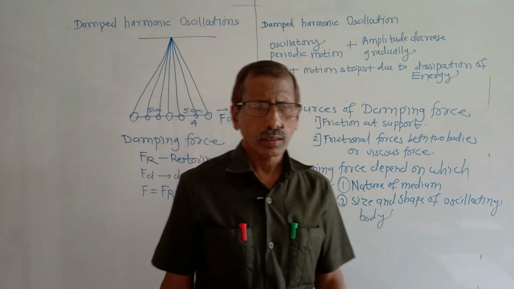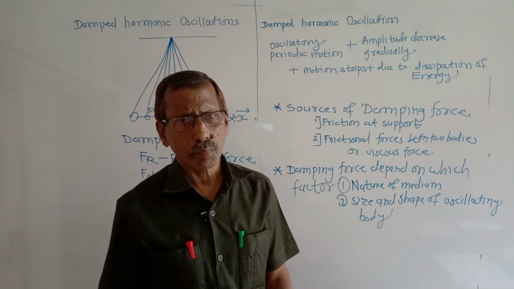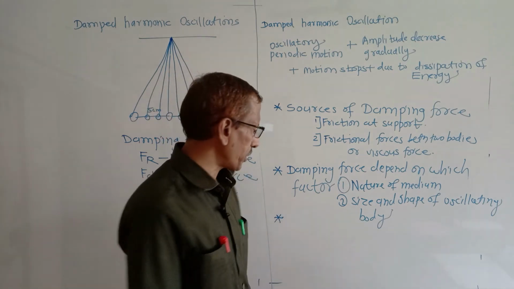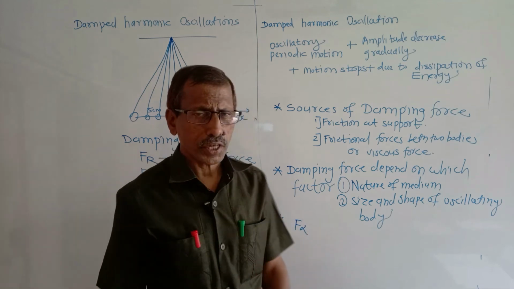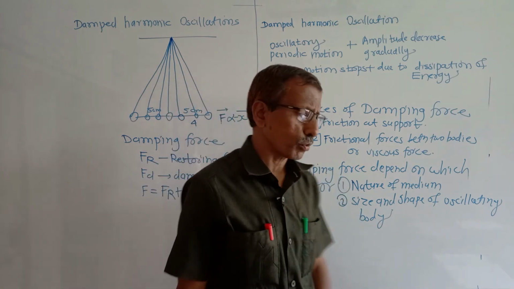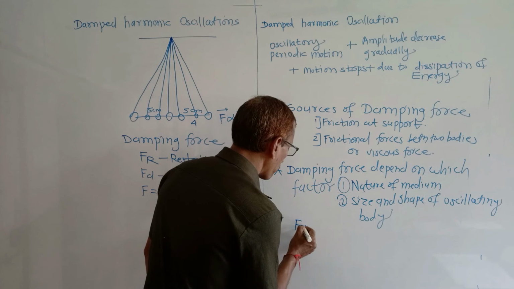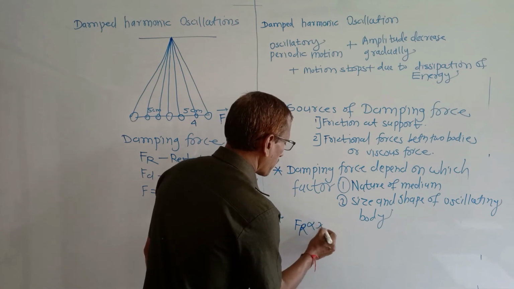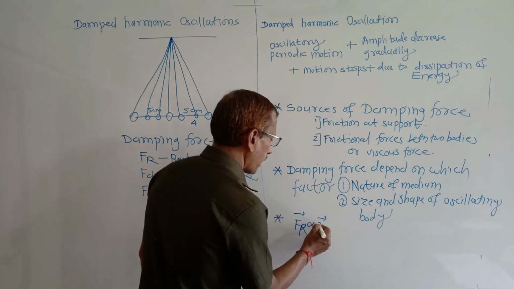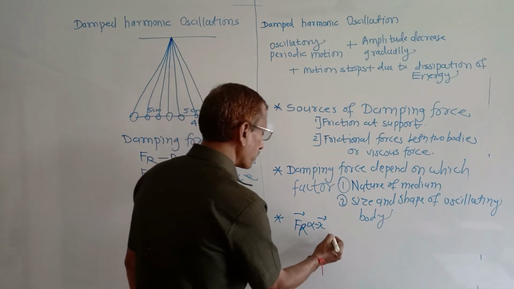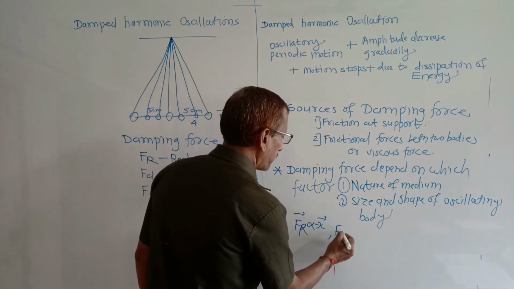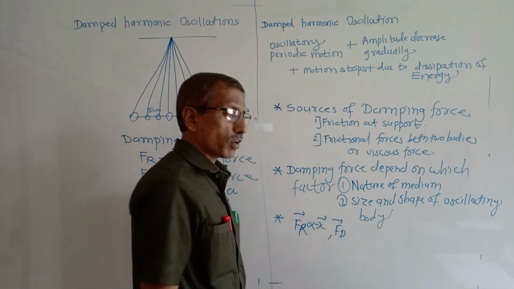Now we have to consider that when we consider linear simple harmonic motion, the restoring force is a function of displacement. So Fr is directly proportional to displacement and oppositely directed. So the question arises, the damping force is a function of what quantity?